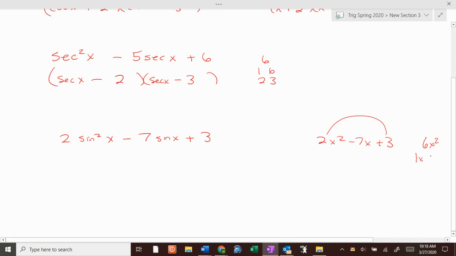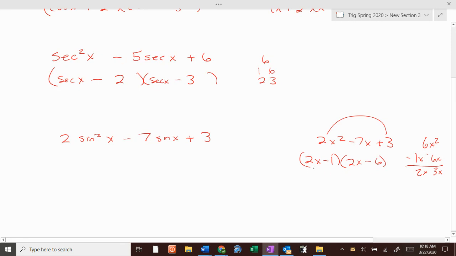Well, they're 1x and 6x, or 2x and 3x. Which ones add up to negative 7? Well, if they're both negative, these two do. Okay? So then you wrote it as 2x minus 1 and 2x minus 6.